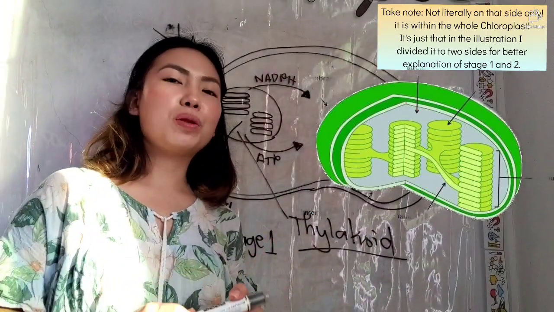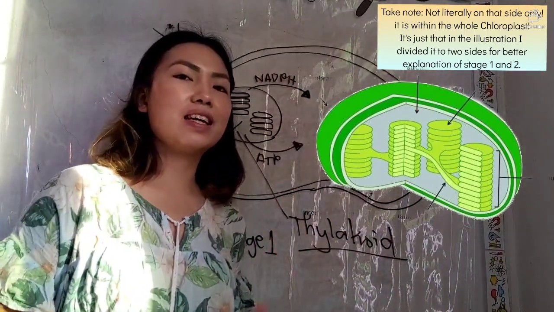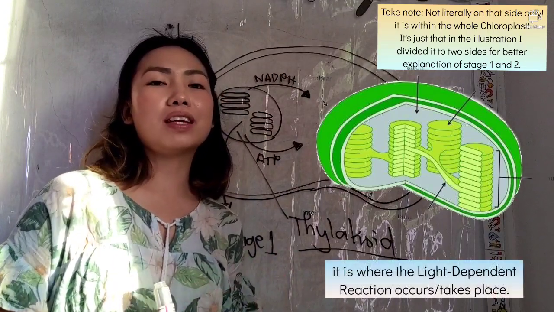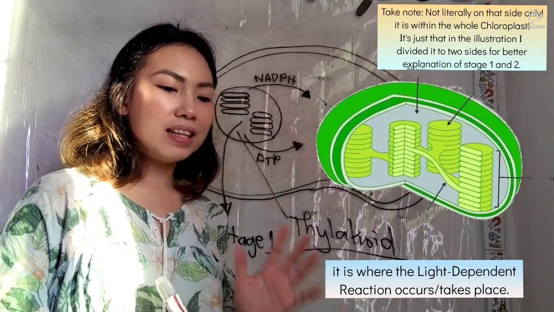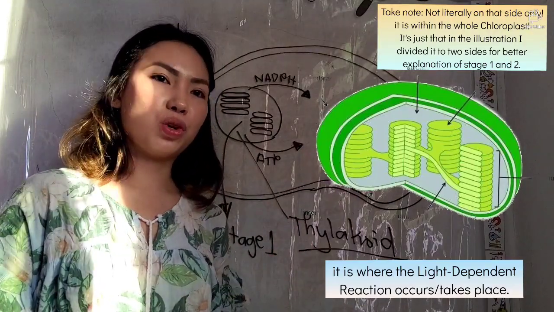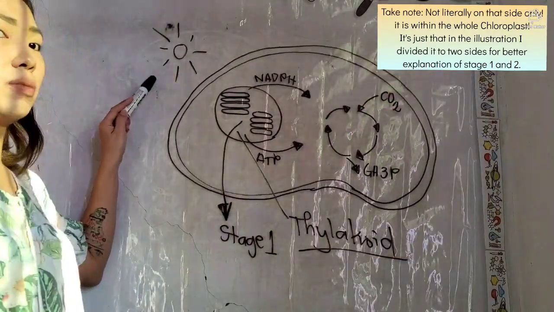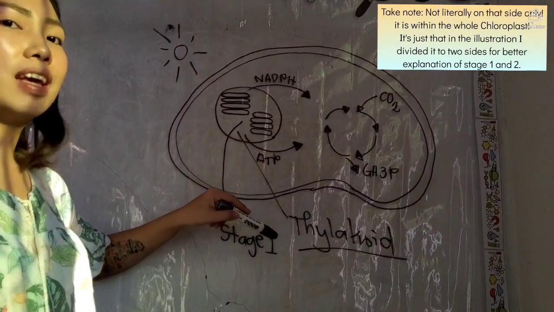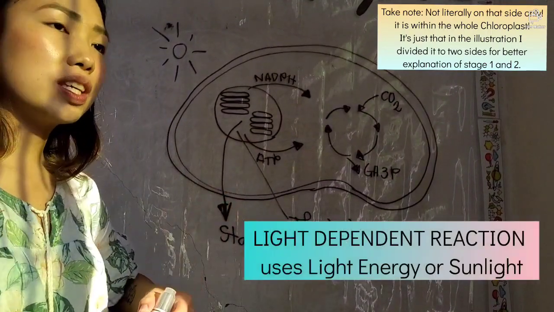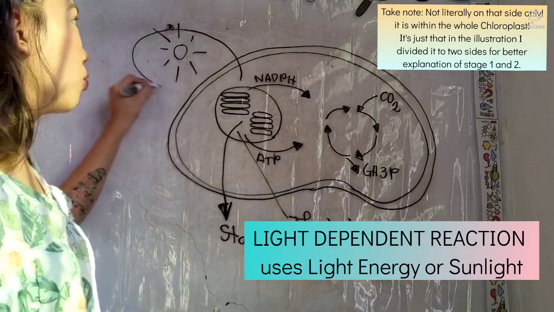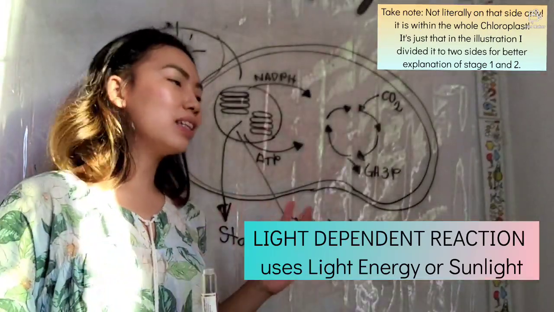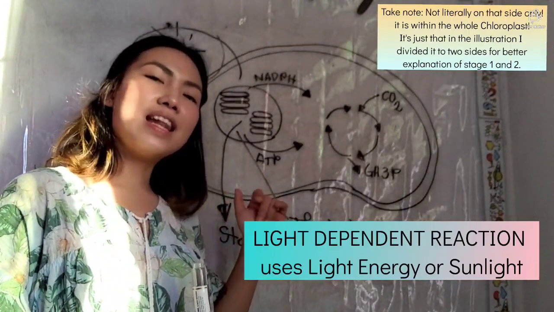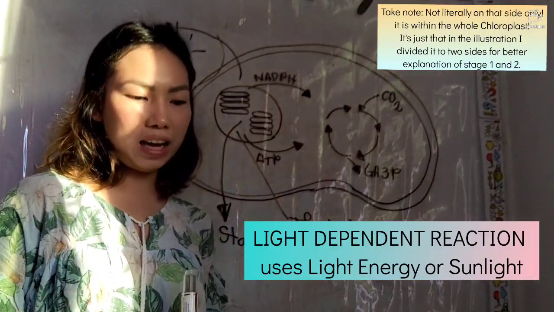In the thylakoid part of the chloroplast, the light-dependent reaction takes place. Here we have sunlight because the light-dependent reaction uses the sunlight coming from the sun.